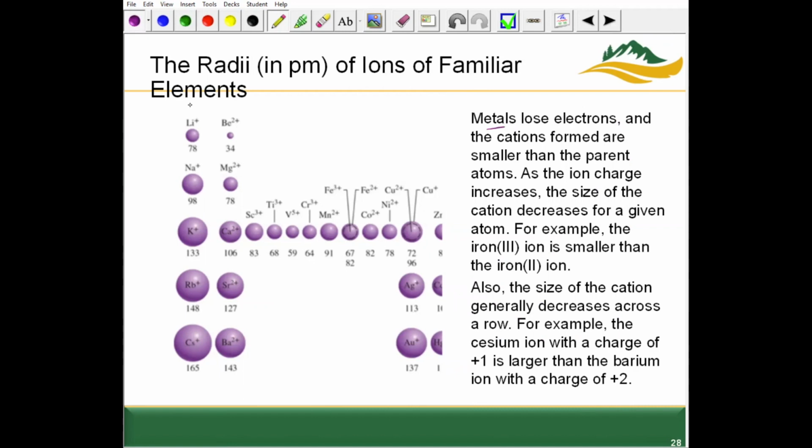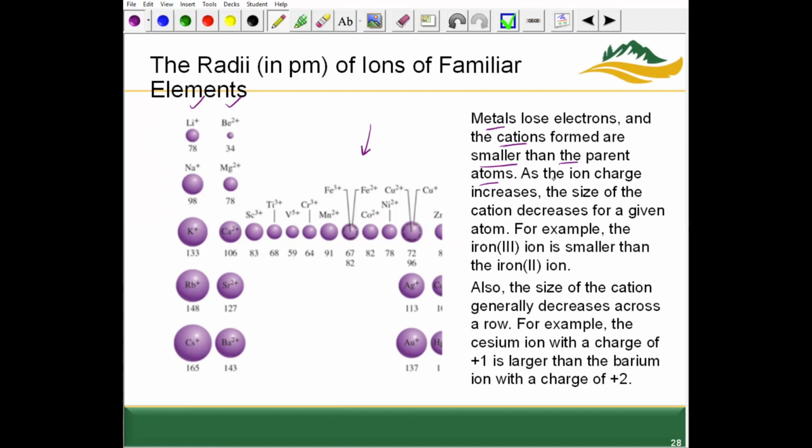Our alkali metals will lose 1 electron, alkaline earth metals, 2 electrons. Our transition metals vary. Sometimes they lose 3 electrons, 2 electrons, etc. Because metals lose electrons predictably to become cations, we remember that the cations formed are smaller than the parent atoms.